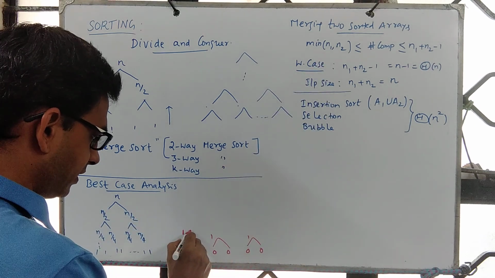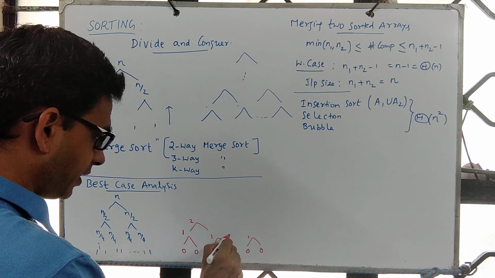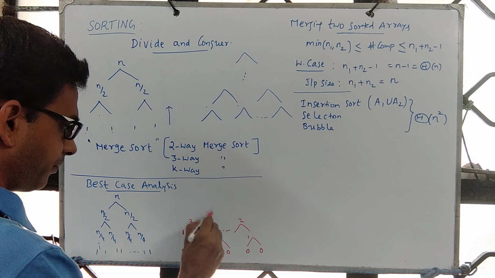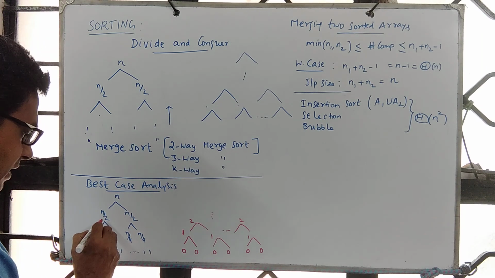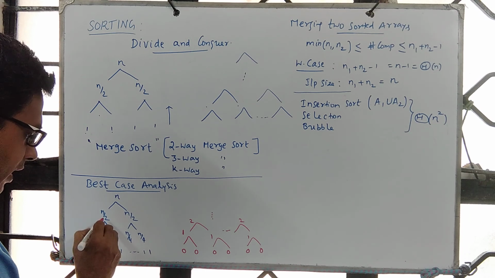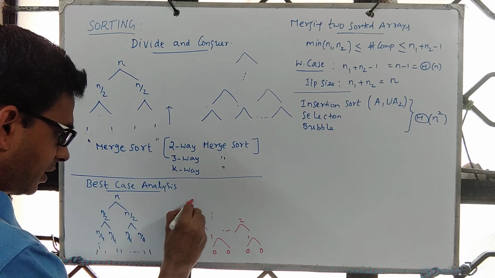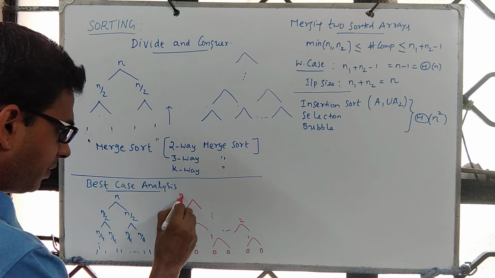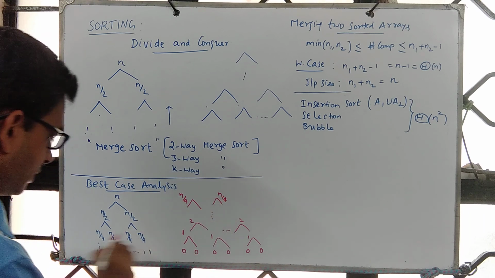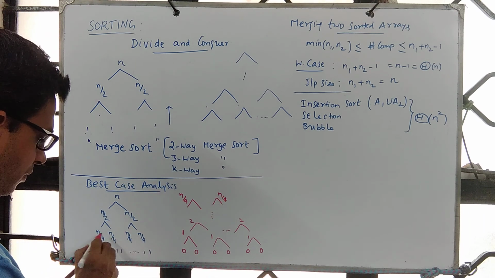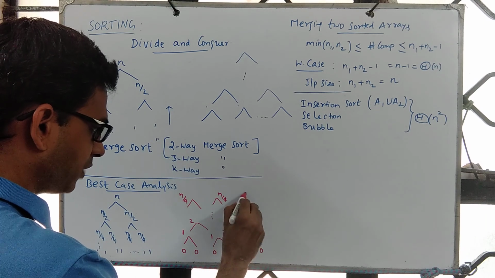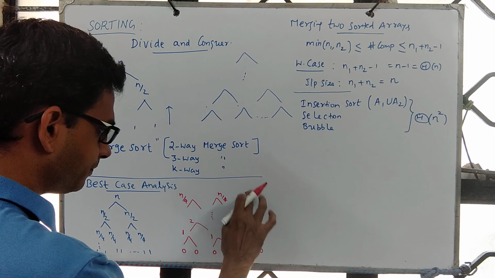Number of comparisons at this stage is 2. So like that it goes. Now you have a sorted array of size n by 4, sorted array of size n by 4, and to get a sorted array of size n by 2, the minimum number of comparisons is n by 4, correct? It says min of n1 comma n2, and both n1 and n2 are n by 4. So this is what we get, correct?